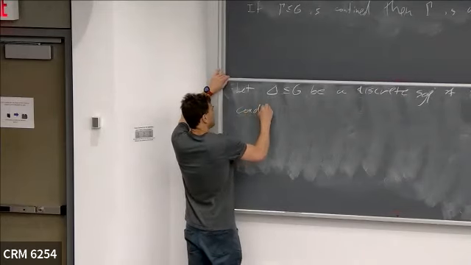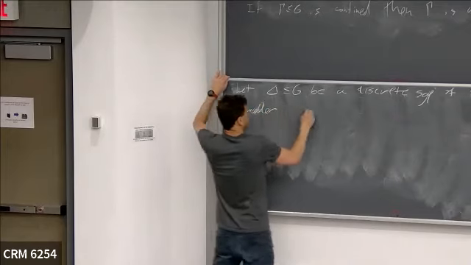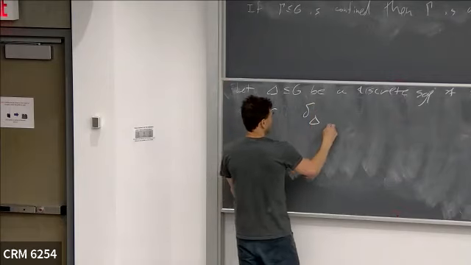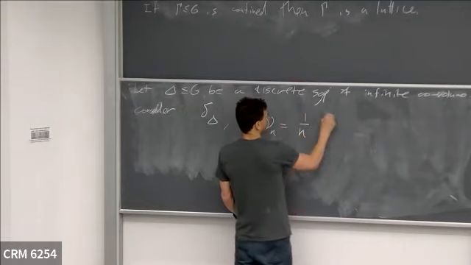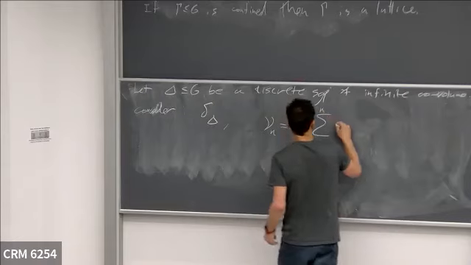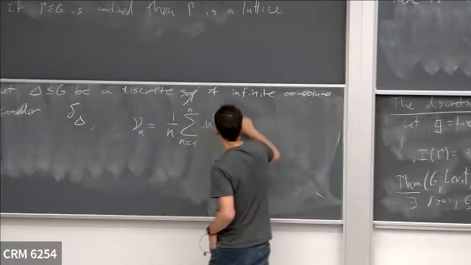Consider the Dirac measure on delta, and define nu n to be 1 over n, this Cesaro sum, i going from 1 to n of mu^i convolution with this measure.